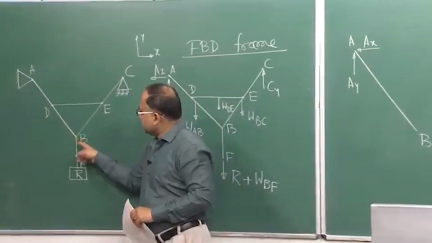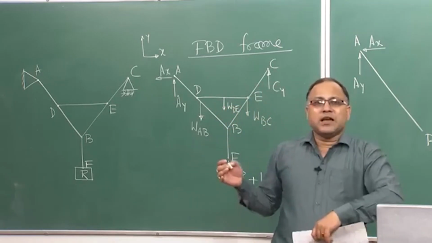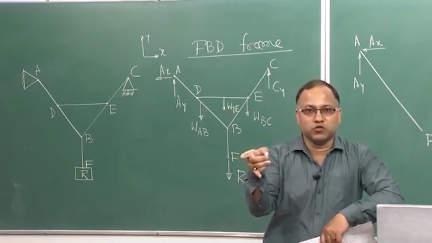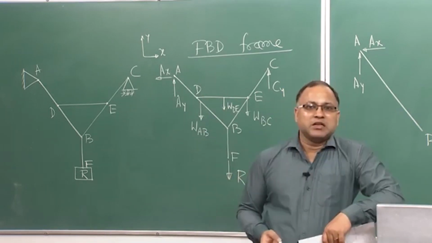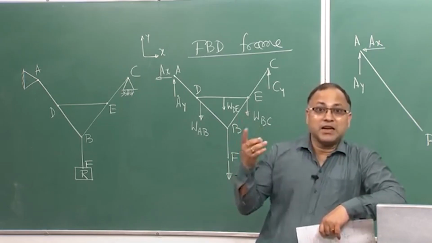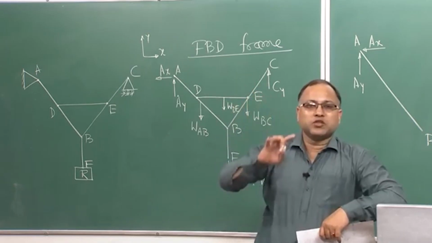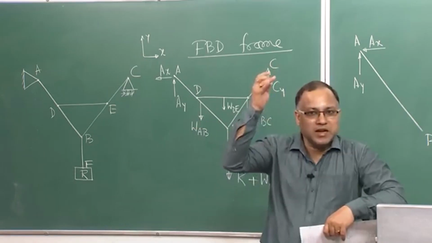This B is a pinned support or some joint. In the joint I do not know the direction of the force, in which direction it will move. It may be along AB, it may take some other direction, I do not know. The line of action of the force is not known, but I can resolve that force in 2 components, one along the x direction, another along the y direction.